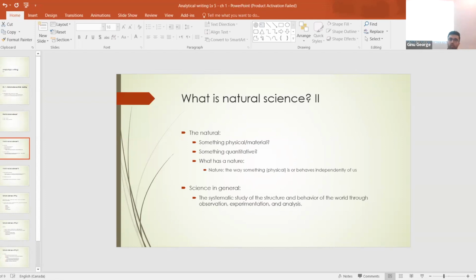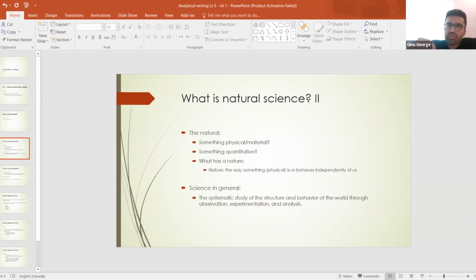Which is different, for example, from this mouse, right? This mouse is what it is because of our decisions. It doesn't have any sort of way that it is if we weren't around. But a tree or a rock or planets or whatever, they have their own way of being.